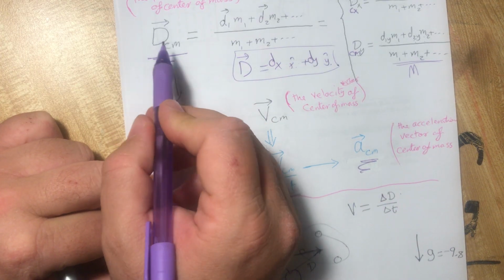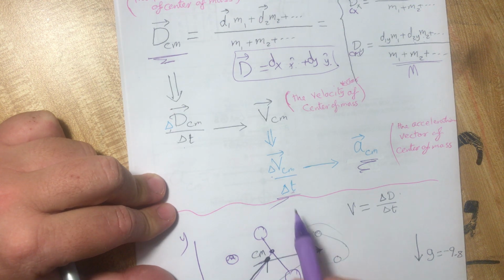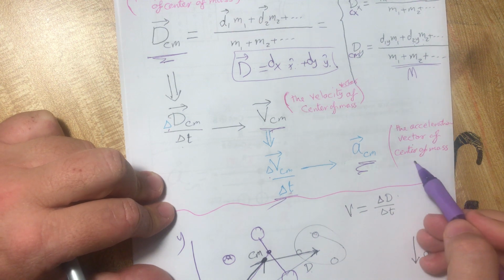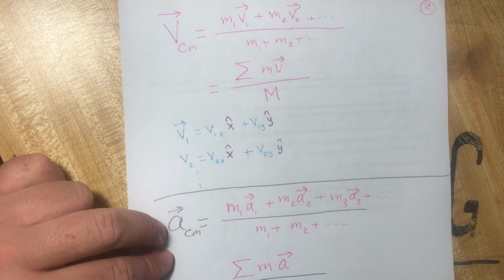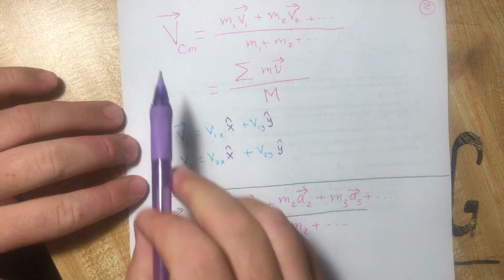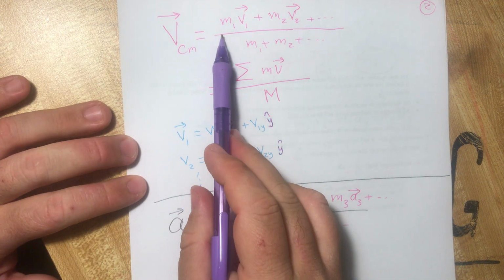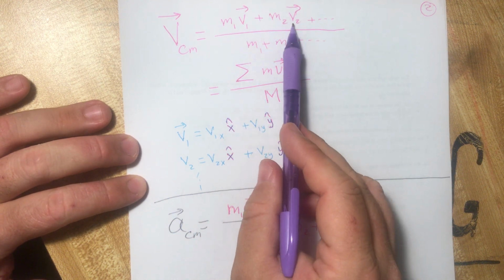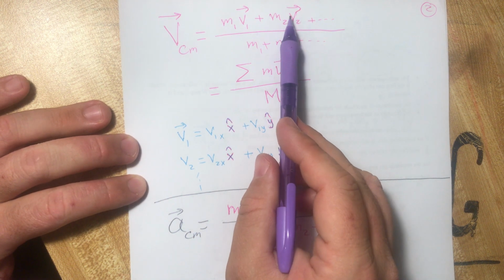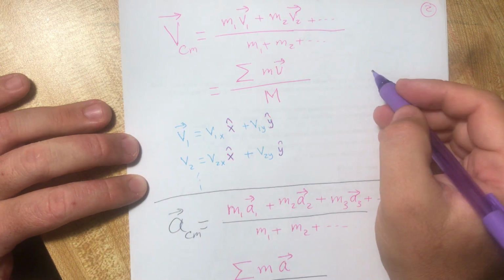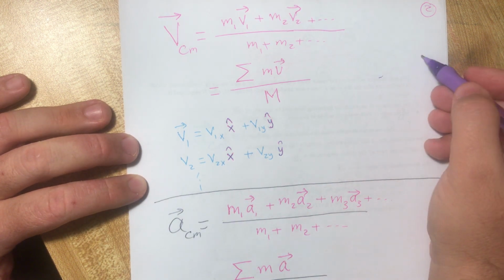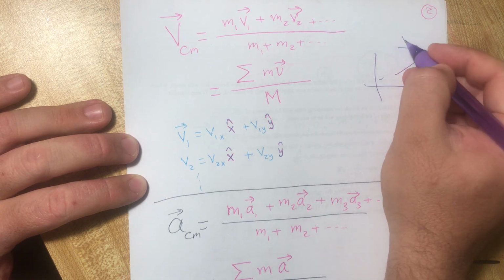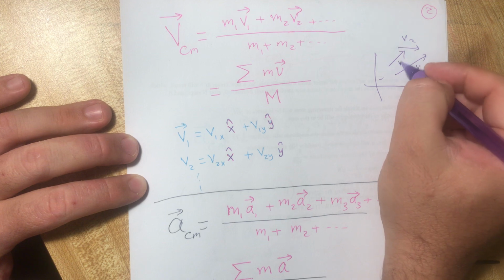Okay, now we need to know that we have a position vector for the center of mass, a velocity vector for the center of mass, and an acceleration vector for the center of mass. For the velocity vector, it will equal the first mass multiplied by its velocity plus the second mass multiplied by its velocity, but as vectors, because each velocity may have components in x and y. Maybe this is v1, this is v2, this is v3, and so on.